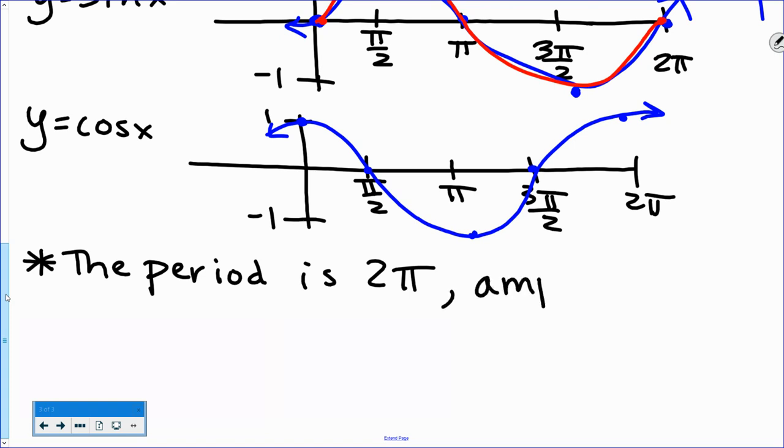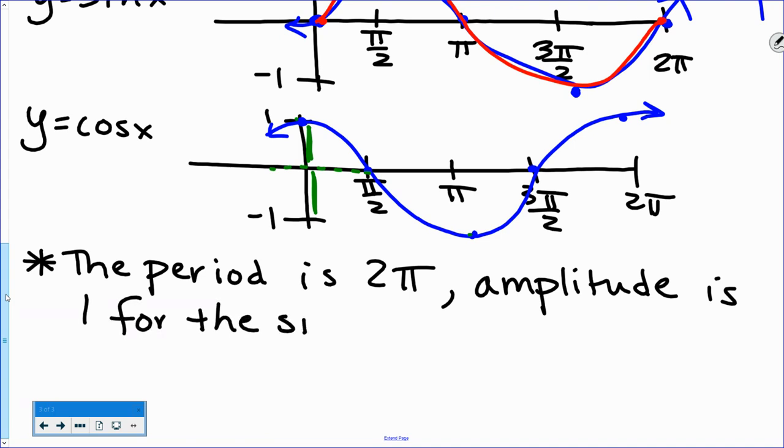The amplitude is the distance between, this is the center of my graph, the x-axis right now, the distance between the highest point and the lowest point from that center is 1, for the sine and cosine parent graphs.